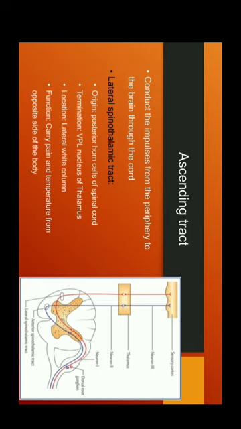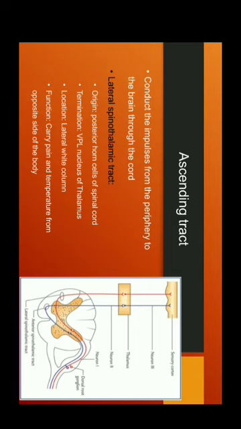Now let us move ahead with the ascending tracts. The ascending tracts conduct the impulses from the periphery to the brain and spinal cord. One of the ascending tracts is the lateral spinothalamic tract.